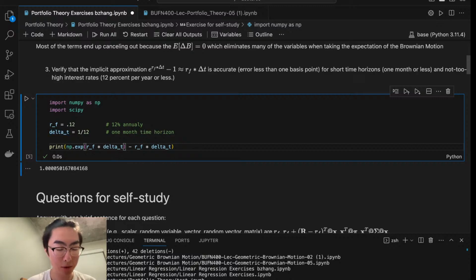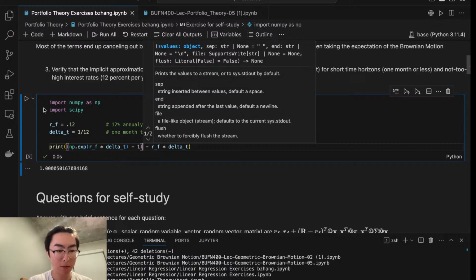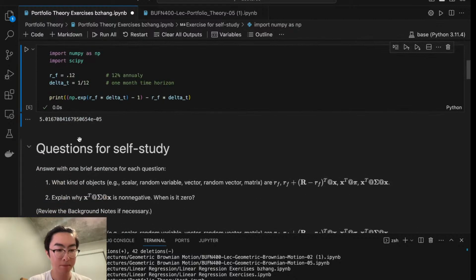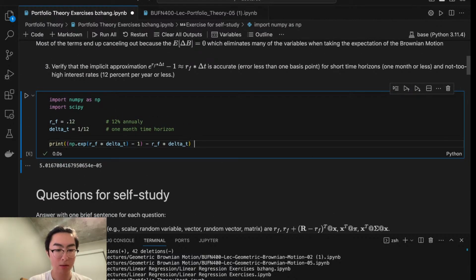Yeah, okay, this is pretty close. Minus 1. Error is really small.